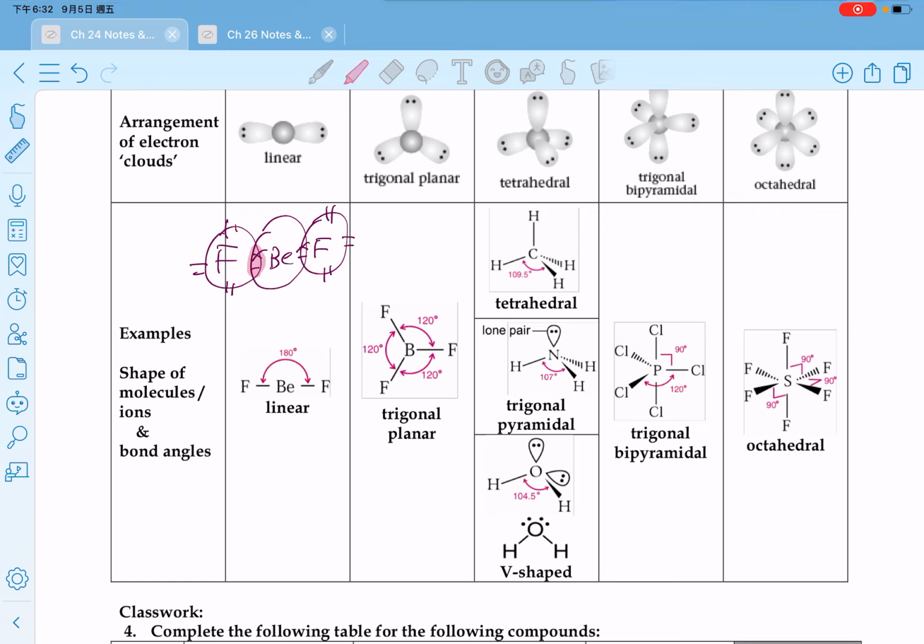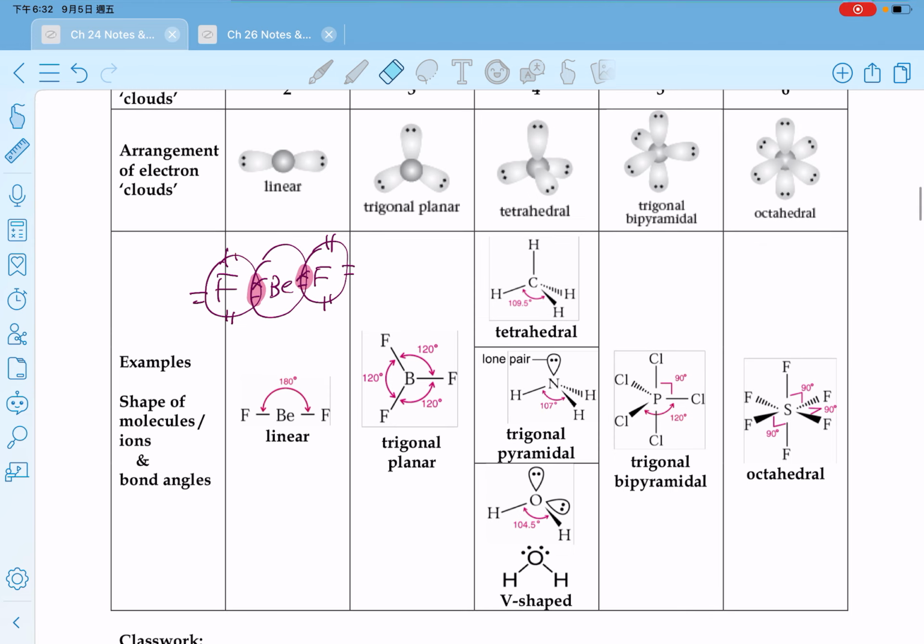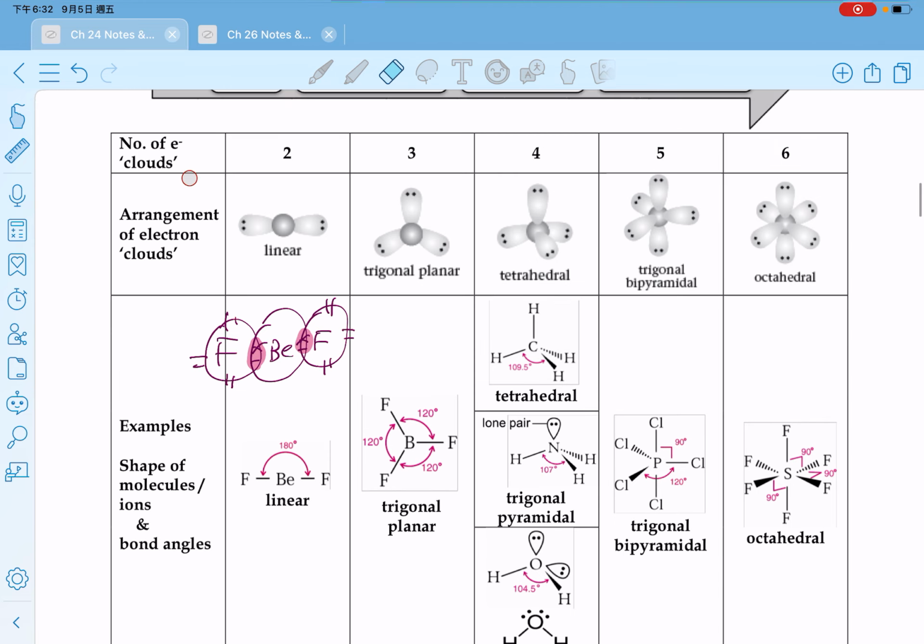When we have 2 electron clouds for the central atom, they have to arrange linearly, because electrons bear negative charge. This electron cloud bears negative charge as well. They want to repel each other so as to repel for the maximum, because negative and negative have repulsion.